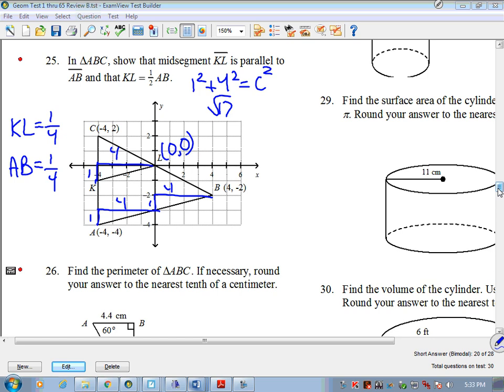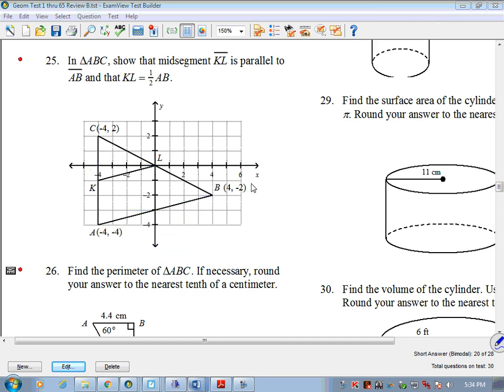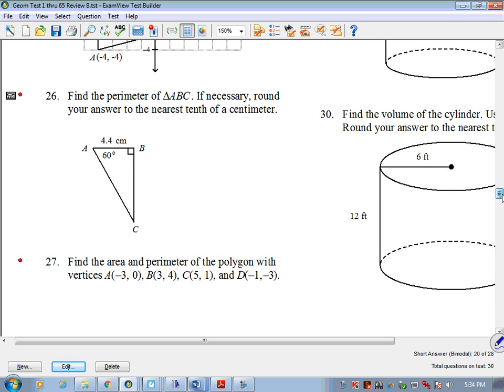But in any case, if this is radical 17 and this is radical 17, then that is 2 radical 17, which means KL is 1/2 of AB, because radical 17 is 1/2 of 2 radical 17. Okay, you're looking for a lot of that information there. Again, you've seen that question before, so I don't want to spend a lot of time there.